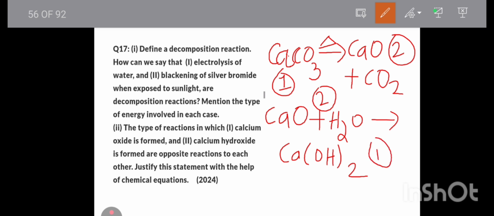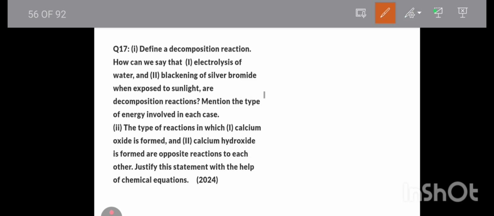That is a combination reaction. So these two examples are opposite to each other, because in decomposition, a single reactant gives two or more products, but in a combination reaction, two or more reactants are taken and give a single product. Hope this question is clear to you. Let's move to the next question.